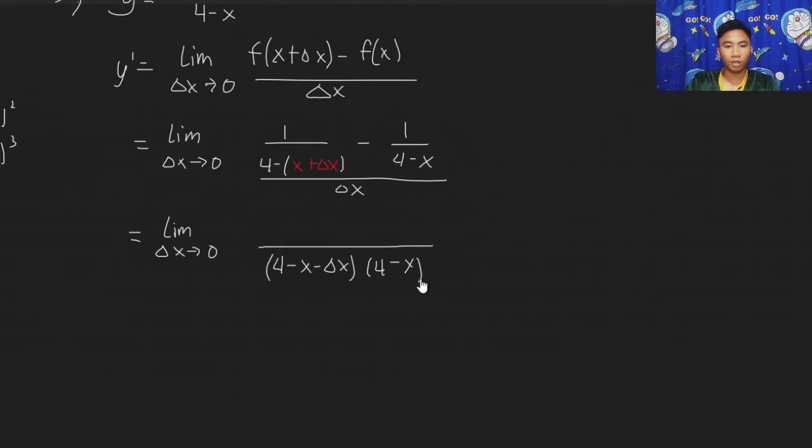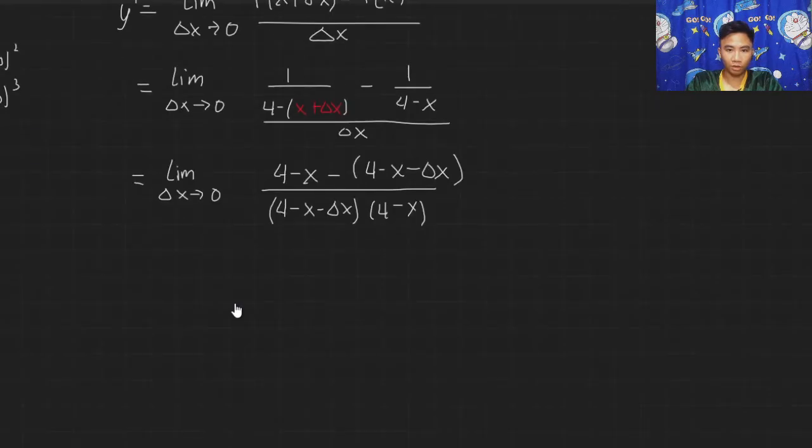And then, ang gagawin dyan is, i-divide natin to dun sa dati niyang pinagmulan. Ayan. So, kapag dinivide natin ito dito, so we still have 4 minus x minus, yan. Kapag dinivide naman natin to dito, we still have this one. So, that will be 4 minus x minus delta x.